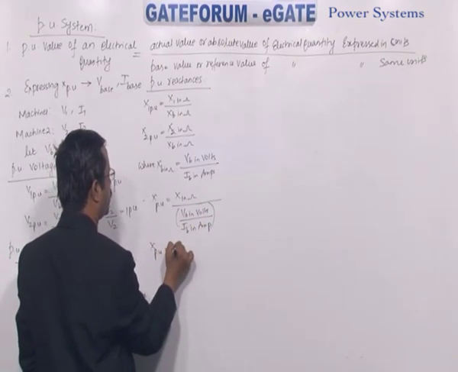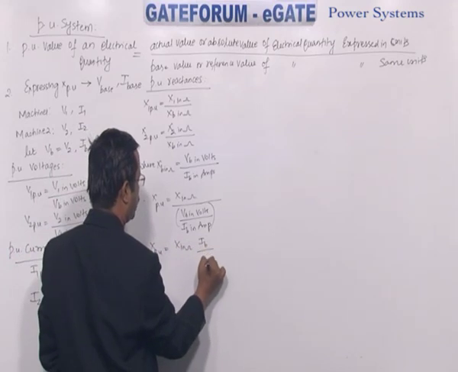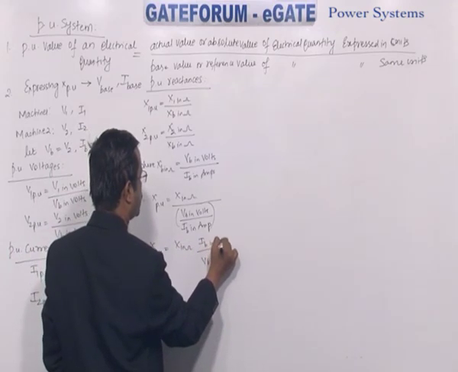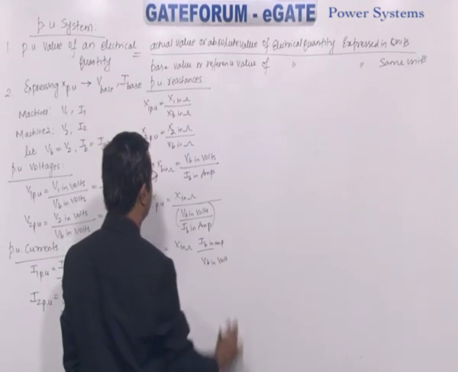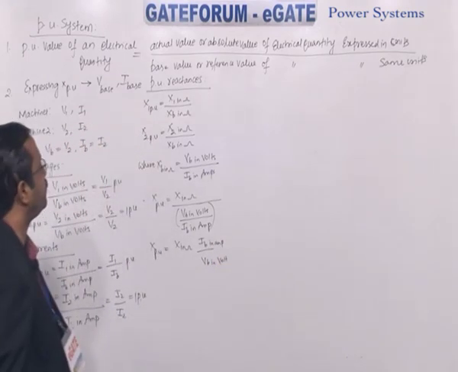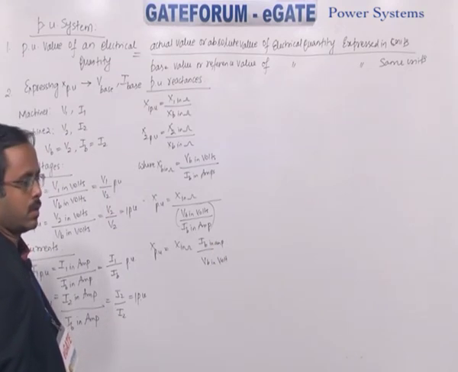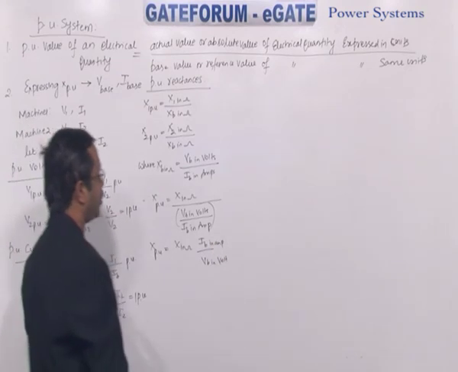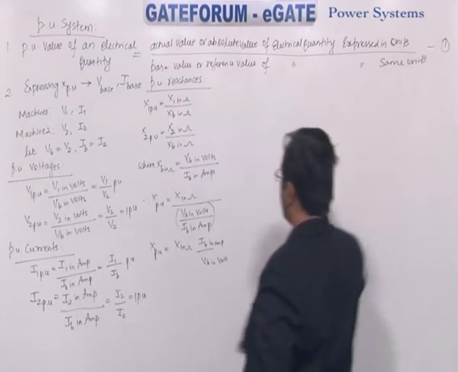So what is X per unit? X in ohms multiplied with the base current in amperes divided by the base voltage in volts. So this is the formula to find out per unit reactance.